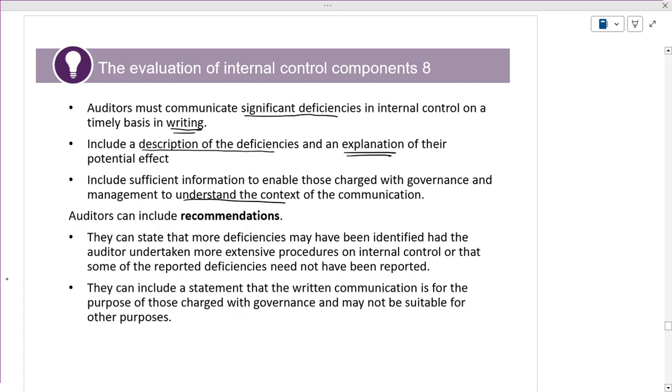We have to communicate to the people charged with governance. Auditors can include recommendations also. They can state that more deficiencies may have been identified. This is a general conclusion.